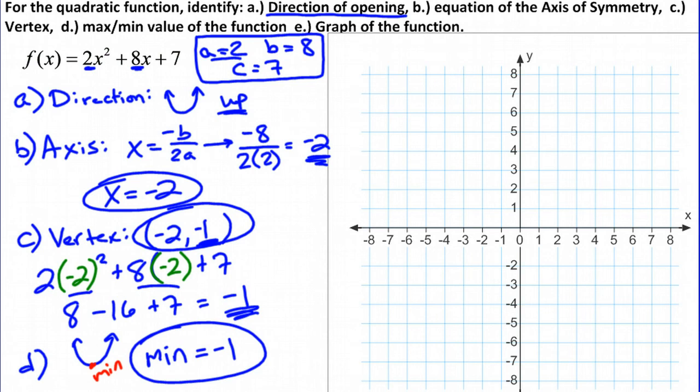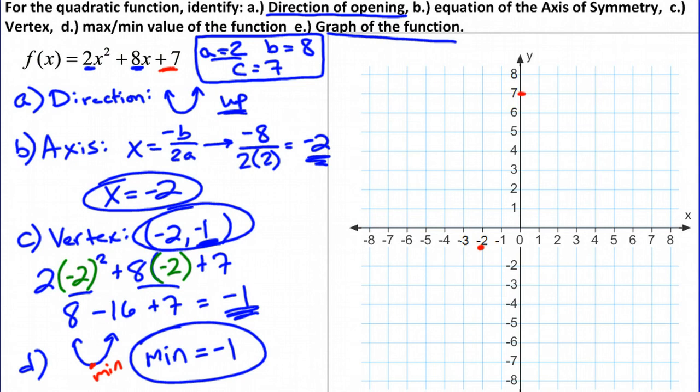All right, quickly now we're going to graph this function based on that information. So we're going to plot our vertex, which is at negative 2, negative 1 on your graph. That would be right there. And we know one other piece of information is our y-intercept, which is 7 in this case, and we get that from our c value. We can plot a point up at the y-intercept being 7, and that tells us that we have a point right here.